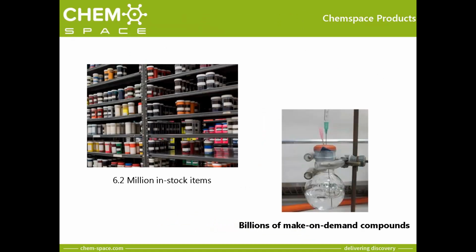Most of the compounds we have are in-stock items, which is over 6 million compounds, but most of the compounds we offer, we actually make on demand, and those are billions of compounds.